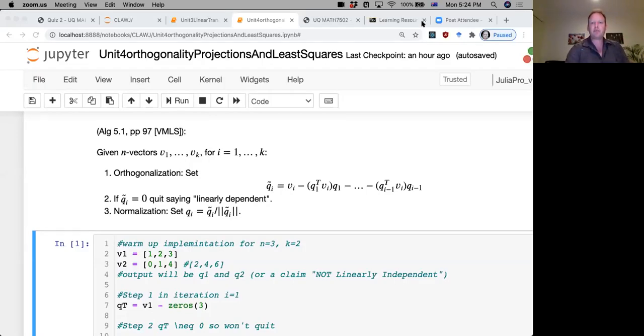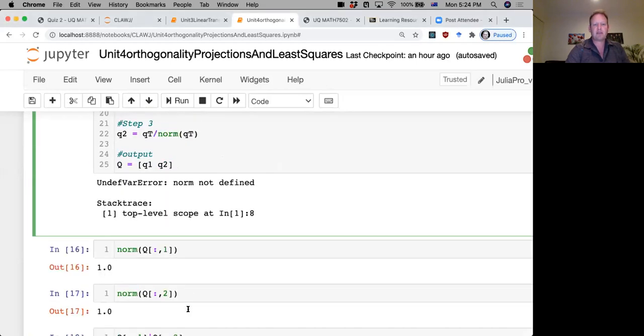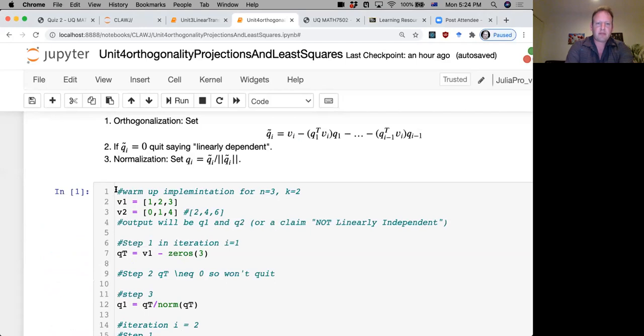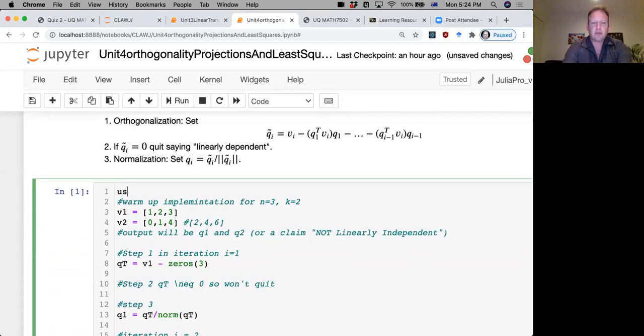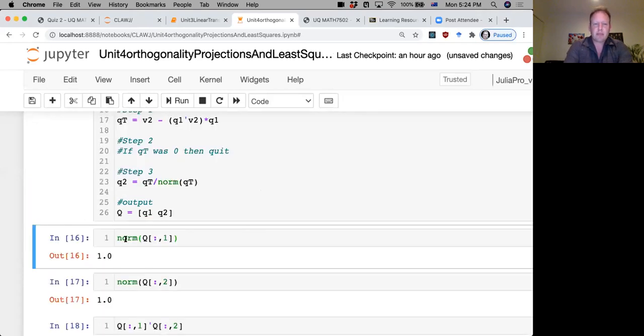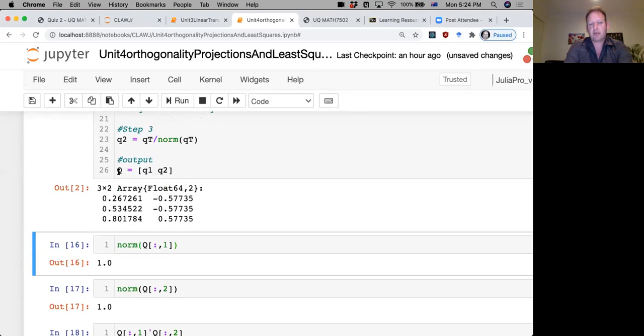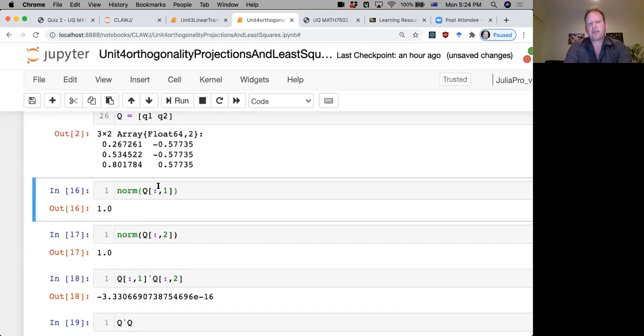In a general setting, seeing this implemented might be useful. This didn't run because I just do using LinearAlgebra. And then of course what we get here is if we put these two vectors Q1 and Q2 in some matrix Q, this is an orthonormal matrix as we saw here.